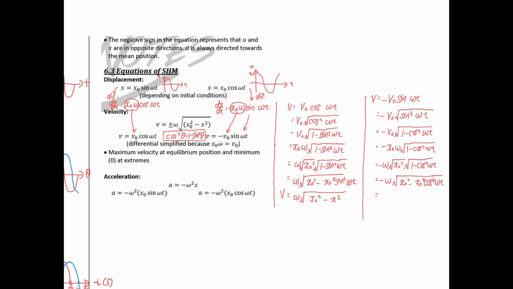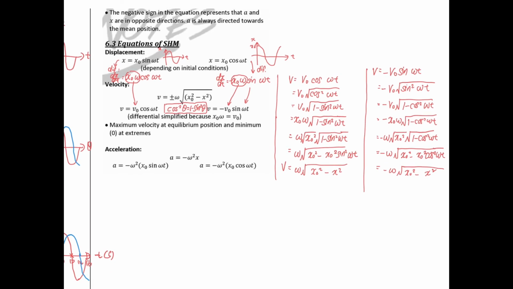Based on the equation here, x equal to x naught cos omega t, I substitute it at the back here, so it becomes x. Because of that, I get minus omega times the square root of x naught square minus x square.